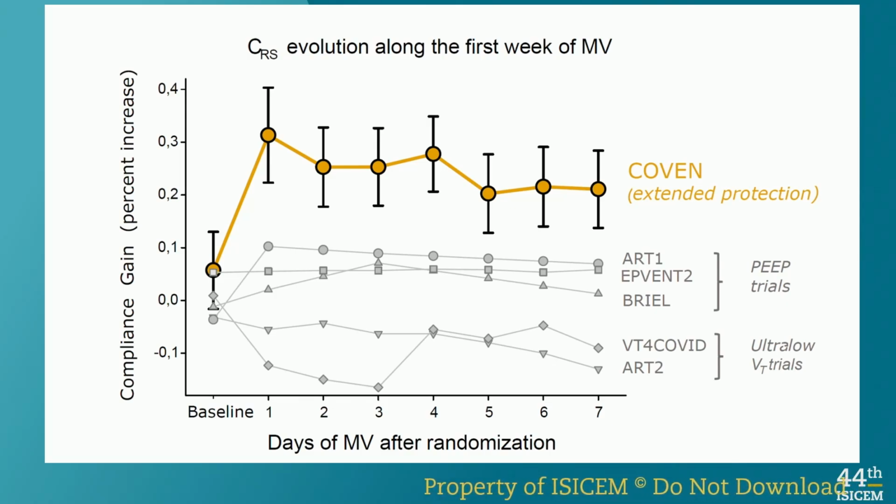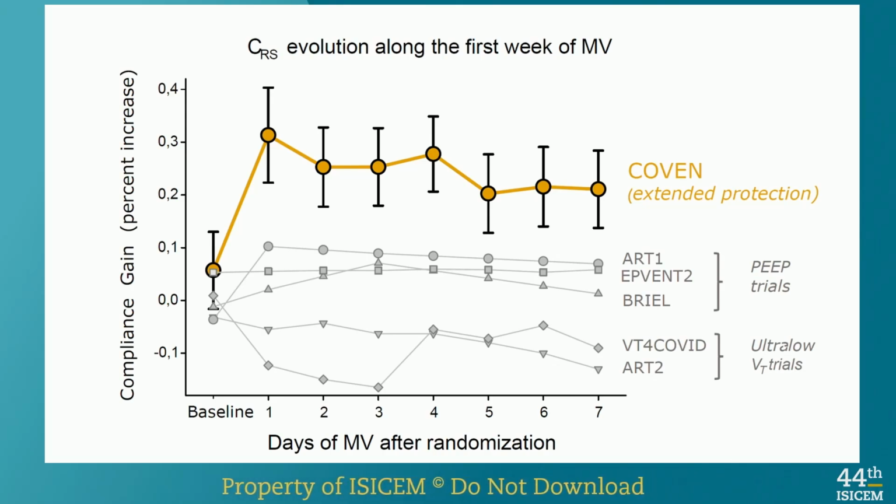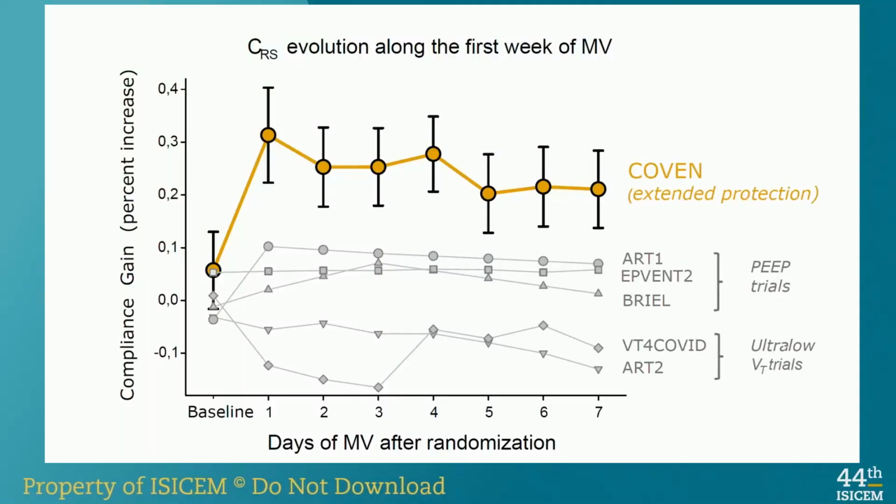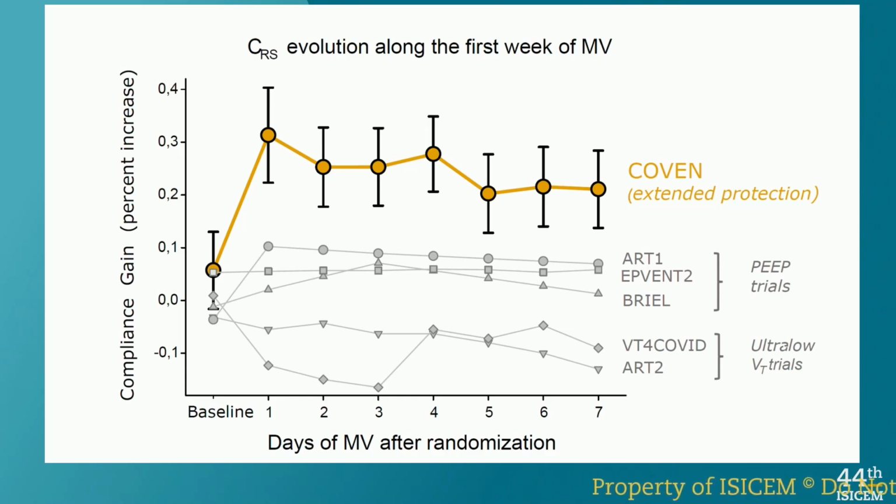I would like to finish, I don't have time, but I had only 2 slides to show about the dynamics of the recruitment, how long it takes to have this good result. And EIT also is a very good strategy to monitor this recruitment in dorsal lung regions. And depending on the results, you may prolong the prone position up to 2 or 3 days. Thank you very much.